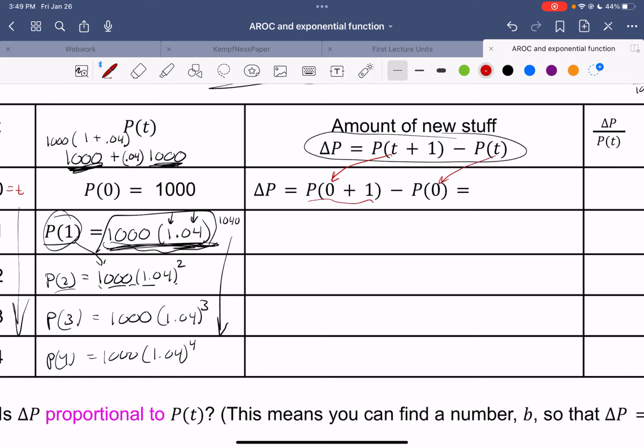And then we're going to make sense of this expression. This is P at 1, which is here. And this is P at 0, which is here. And if you take their difference, I'm going to write this in a really silly way. So P at 1 is 1,000 times 1.04. And then P at 0 is 1,000.